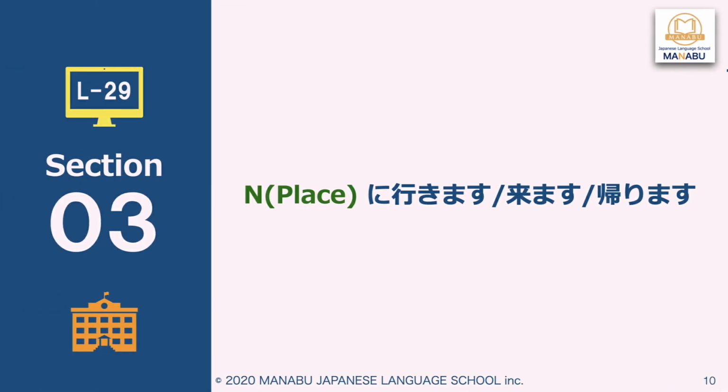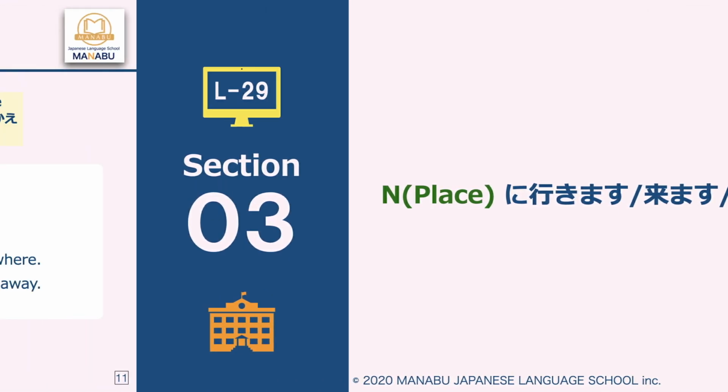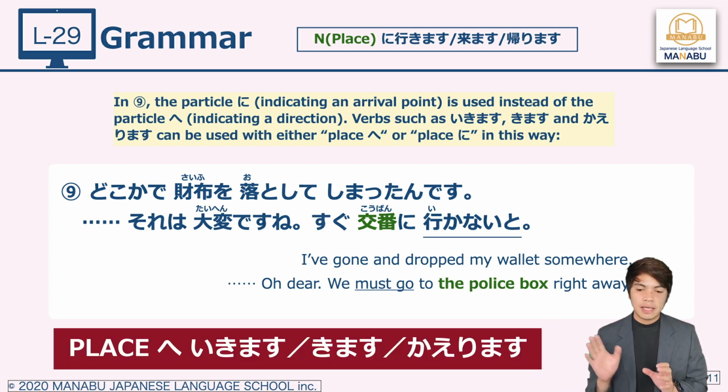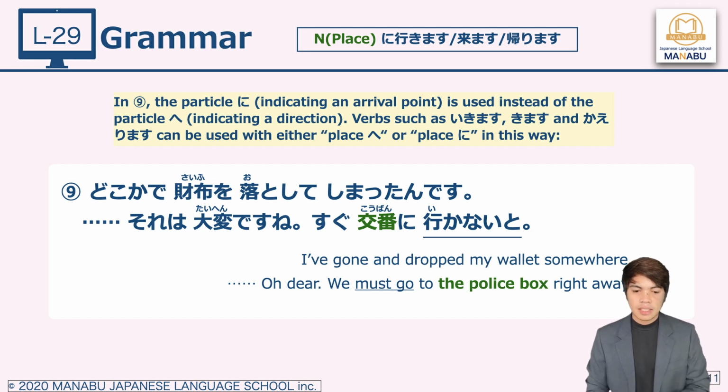Grammar point number 3. Place ni ikimasu, kimasu, and kaerimasu. When we say the verbs ikimasu, kimasu, and kaerimasu, they use the particle e for the place. So place e ikimasu, place e kimasu, and place e kaerimasu. Now, the particle ni, indicating an arrival point, is used instead of the particle e, indicating a direction.